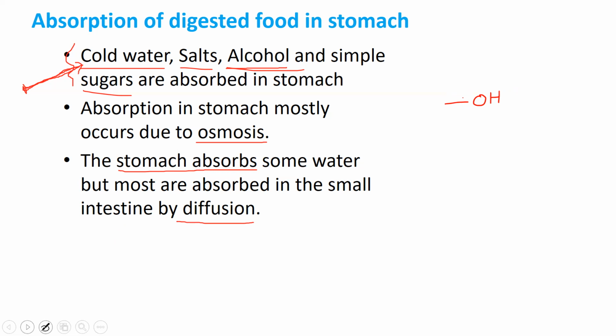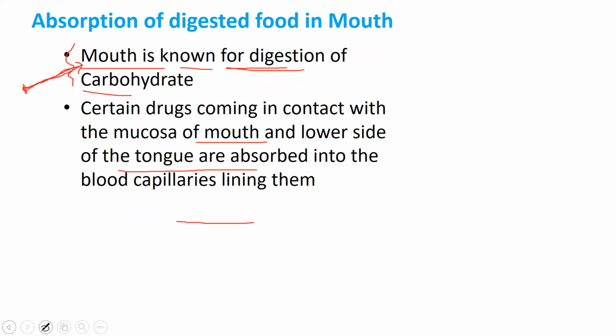Right. Done? Sir, can you please show the previous slides? Mouth and digestion for carbohydrate. Even for the digestion of carbohydrate, we know very well, it is the complex sugar getting converted into disaccharides, right?